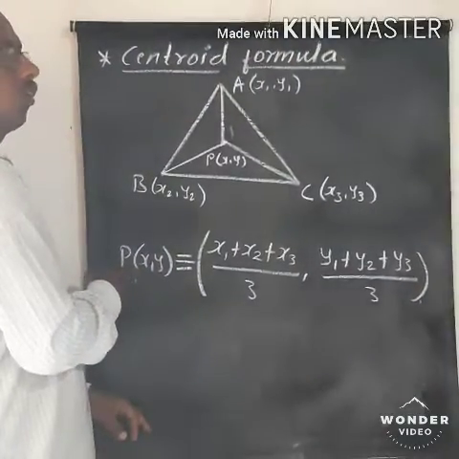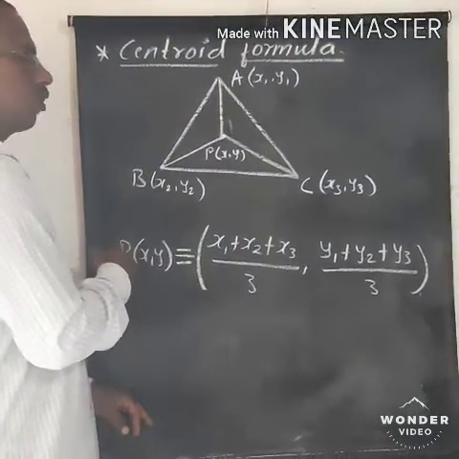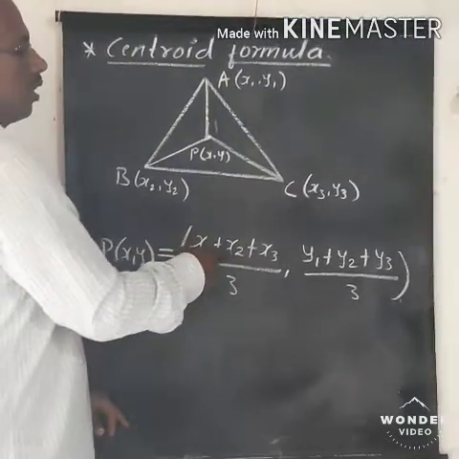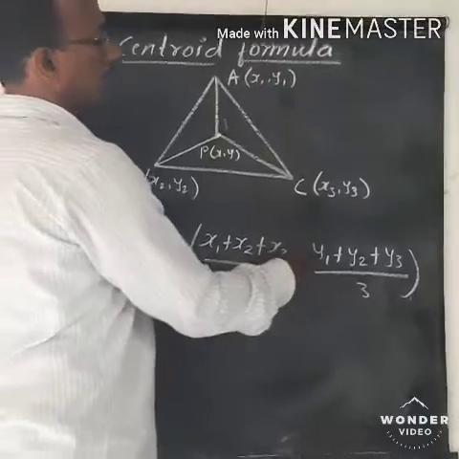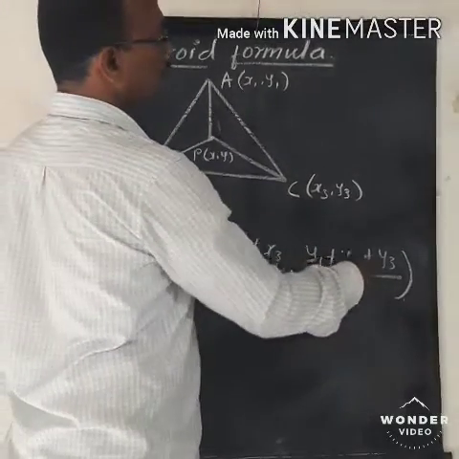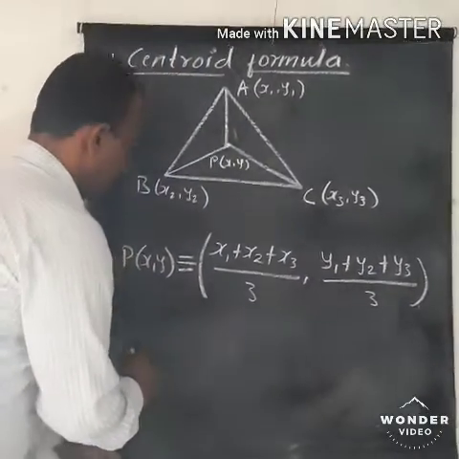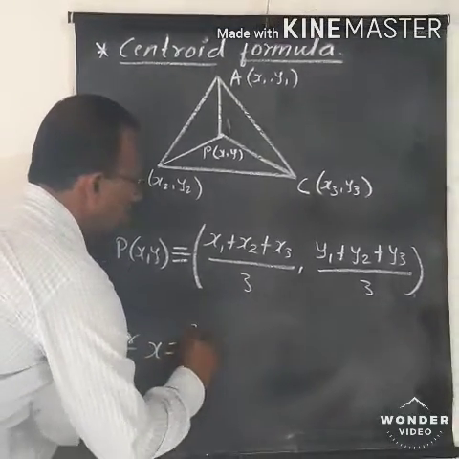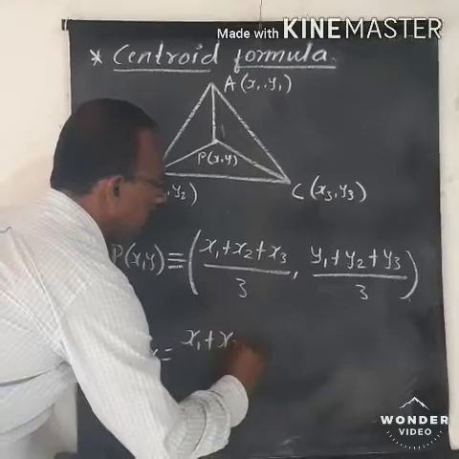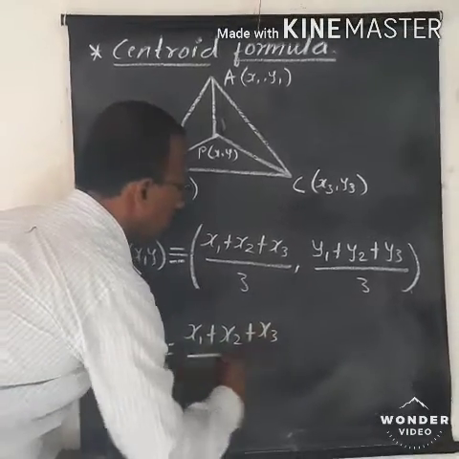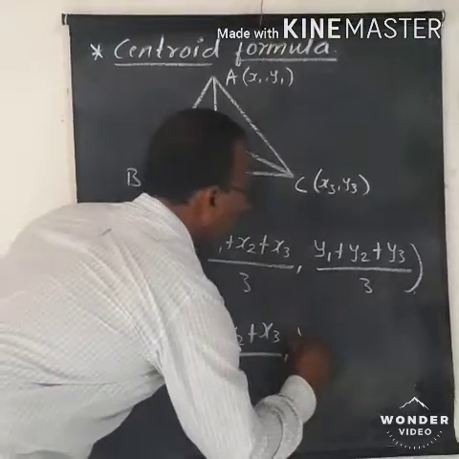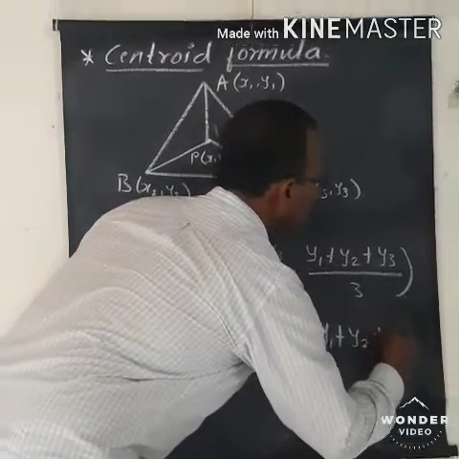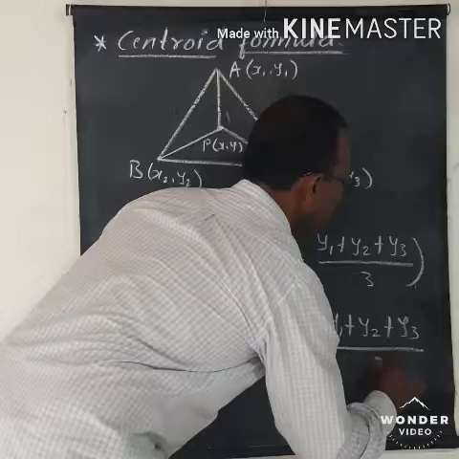This is the centroid formula to find the coordinates of the centroid. P(x, y) is equivalent to (x1 plus x2 plus x3) upon 3, (y1 plus y2 plus y3) upon 3. Or separately we can find x is equal to (x1 plus x2 plus x3) upon 3 and y is equal to (y1 plus y2 plus y3) upon 3.